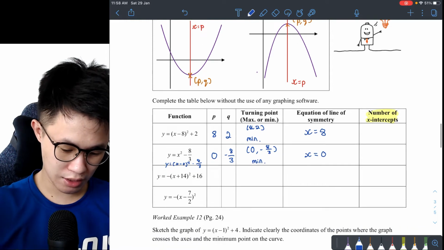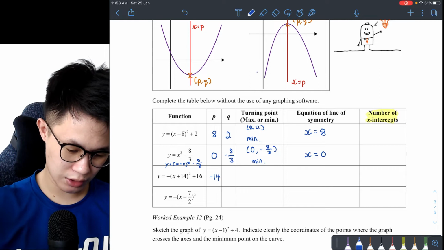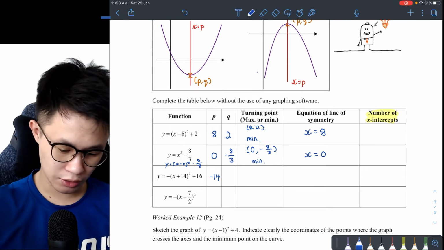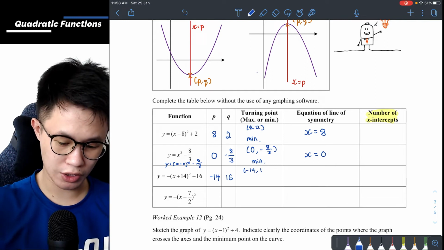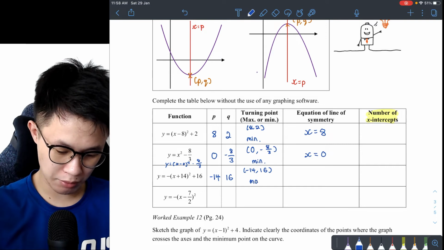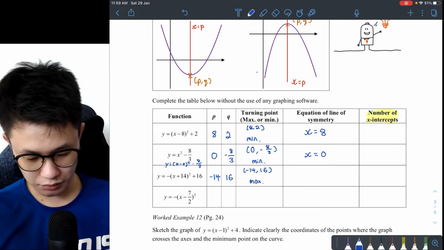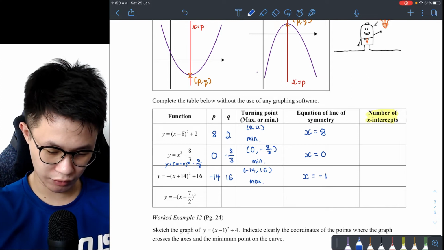The next one we have, your p will be negative 14, your q will be 16. So this is your function, this is your turning point, and this is a maximum point because there's a negative in front. This is your line of symmetry, x equals negative 14.